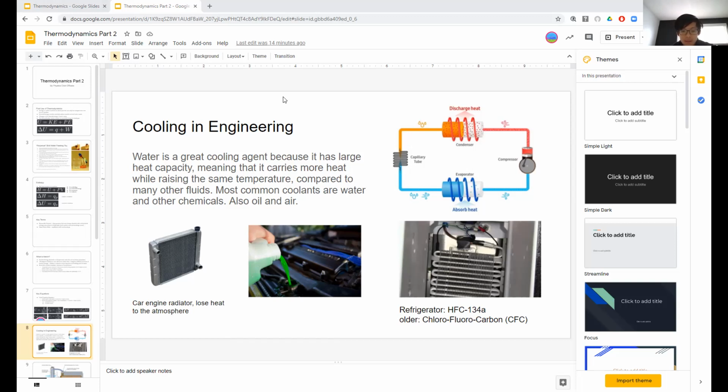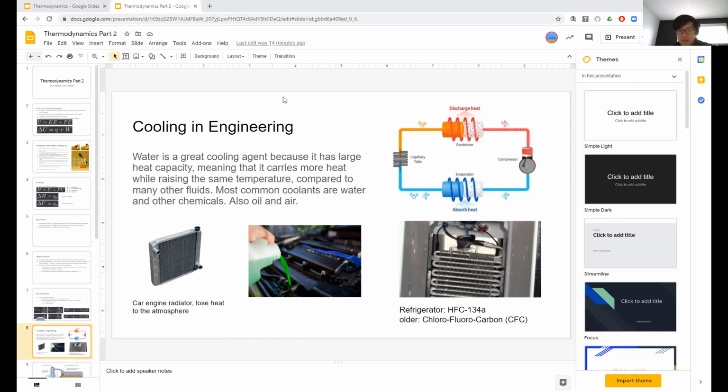They also use this green liquid. Maybe you have seen it, and you add it. It has a relatively large heat capacity, so it can bring heat out to the atmosphere as it circulates in the car's cooling system.